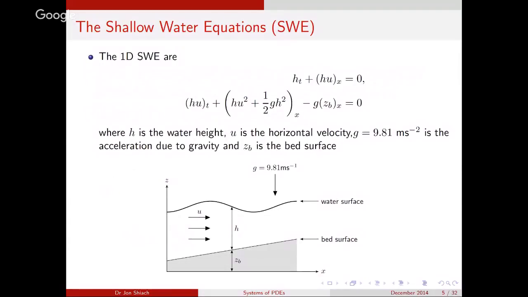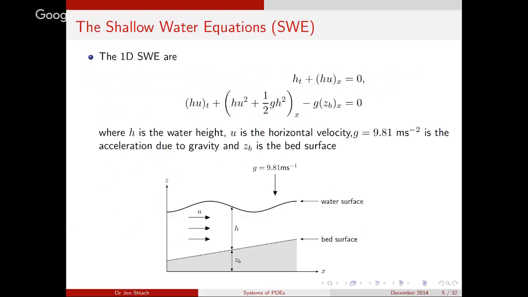Okay, here it is. This is what we call the 1D shallow water equations. Just one spatial dimension, so we're not bothered with the y direction, we're just bothered with the x direction and height. Have a look at this diagram first. There's our x direction. The vertical axis I've labelled z, straight up.